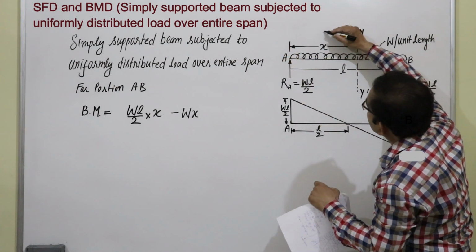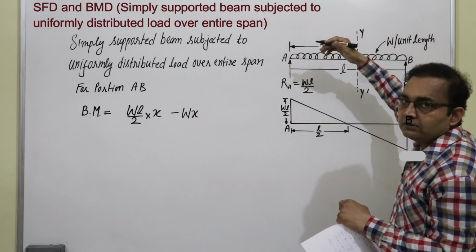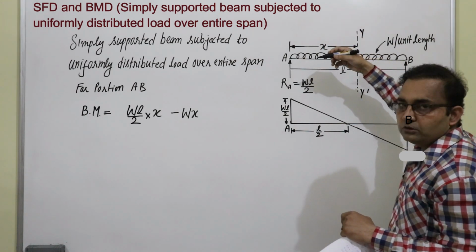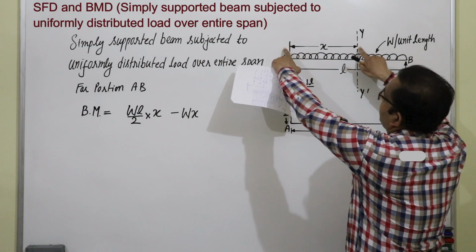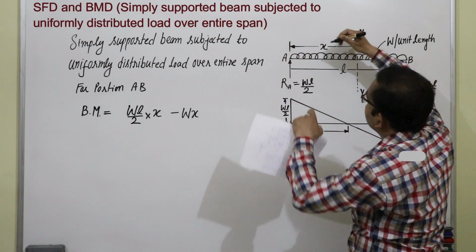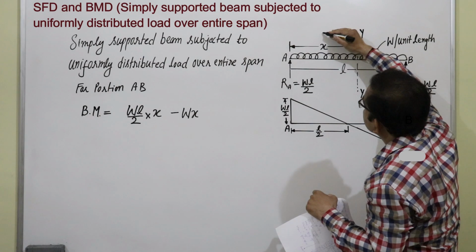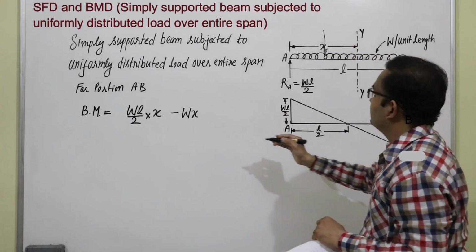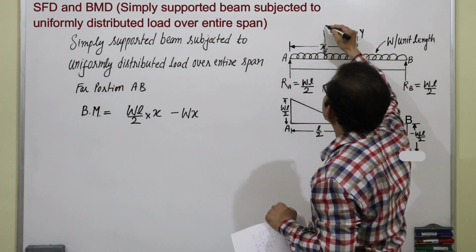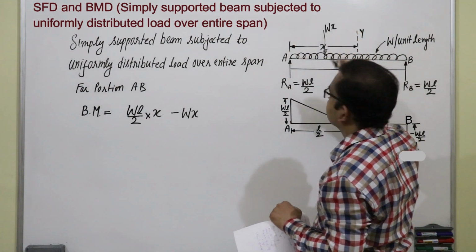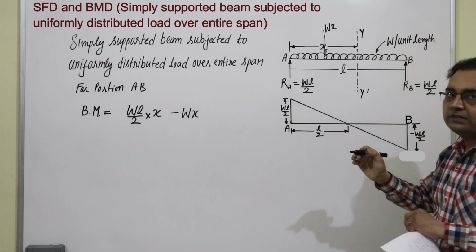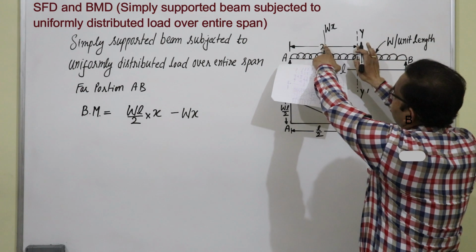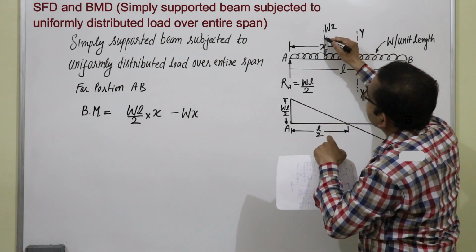So, we will convert this force into the point load, and this point load will act at the distance of x by 2. This is total x and this is the point load. Its value is W x, and it will act at a distance of half, x by 2.